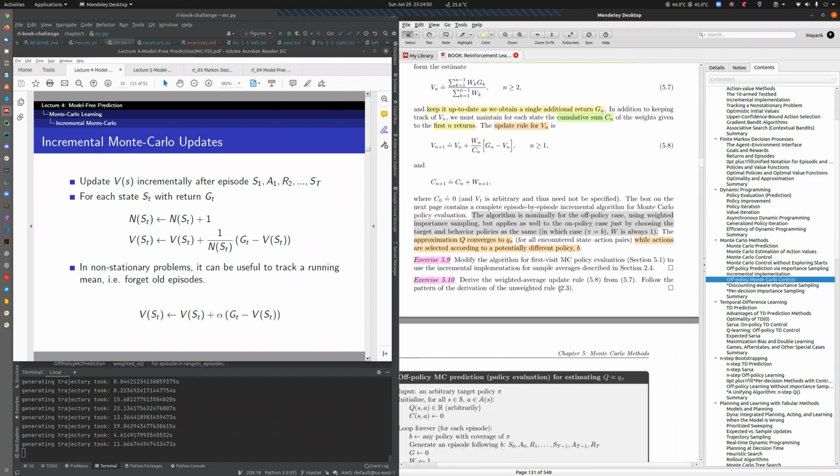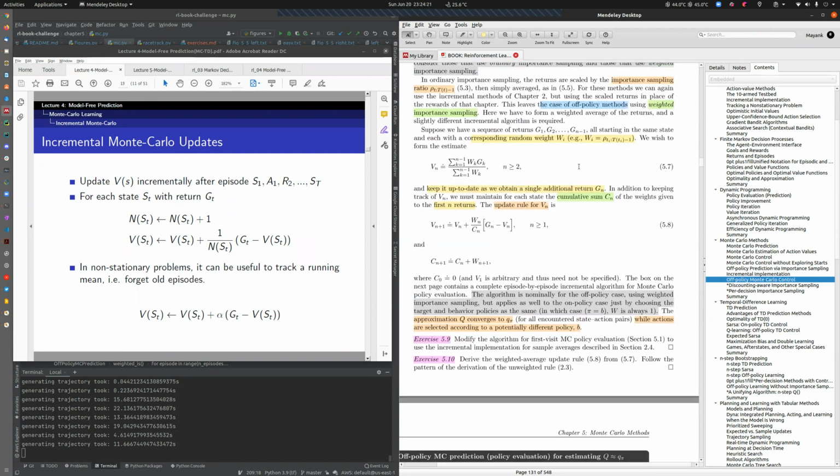Exercise 5.10 says to derive the weighted average update rule 5.8 from 5.7, following the pattern of the derivation of the unweighted rule.